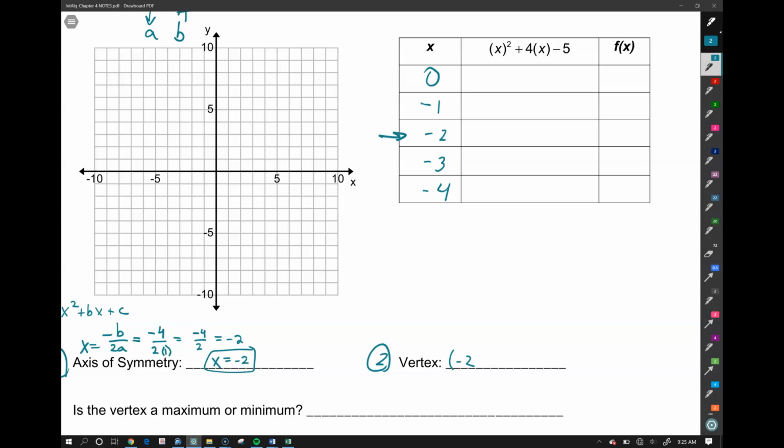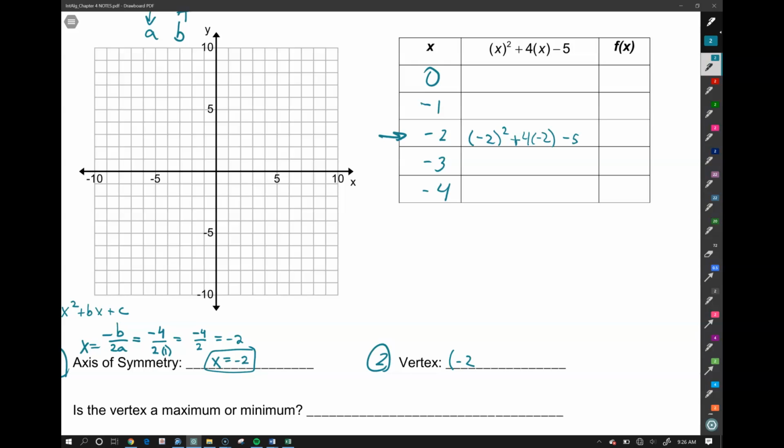Okay, so let's plug in and find what the vertex would be. So I have negative 2 squared plus 4 times negative 2 minus 5. So negative 2 squared is 4. 4 minus 8 is negative 4.